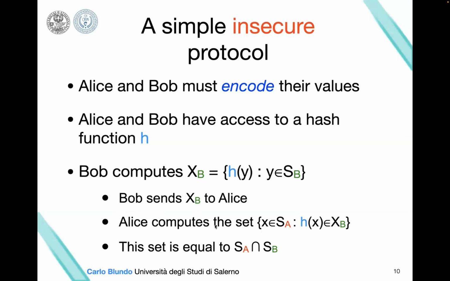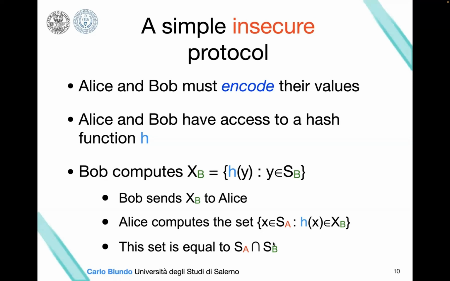At this point, Alice can compute the intersection simply by checking, for each x in her set SA, whether the hash function computed on x belongs to the set received from Bob. This is obviously equal to the intersection.